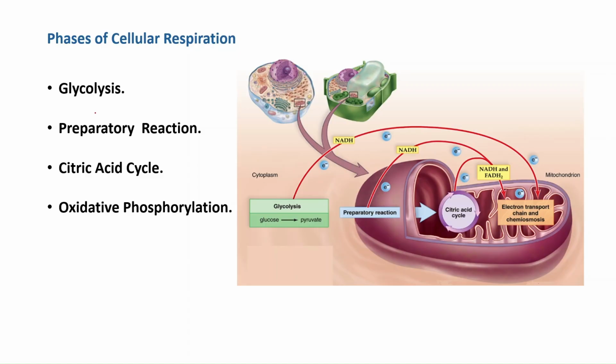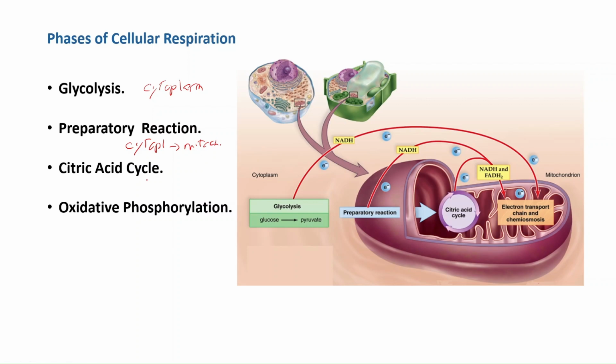But we have glycolysis that takes place in the cytoplasm. The preparatory reaction, I like this book where it considers a separate one, because it's moving your reaction from the cytoplasm into the mitochondria. It's trying to cross into the mitochondria.